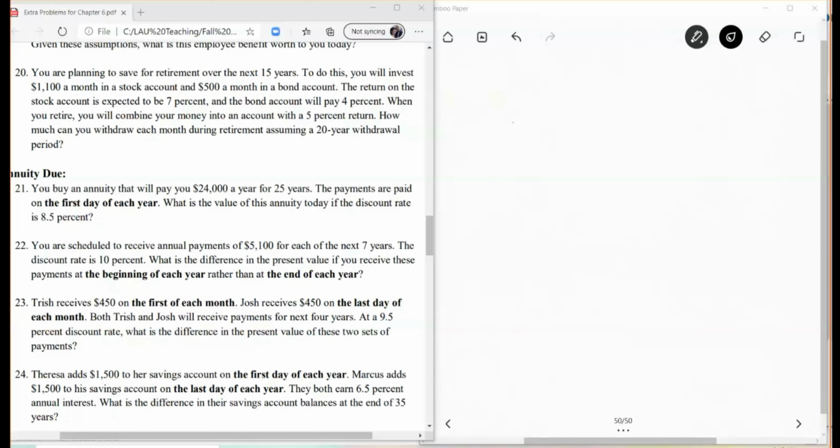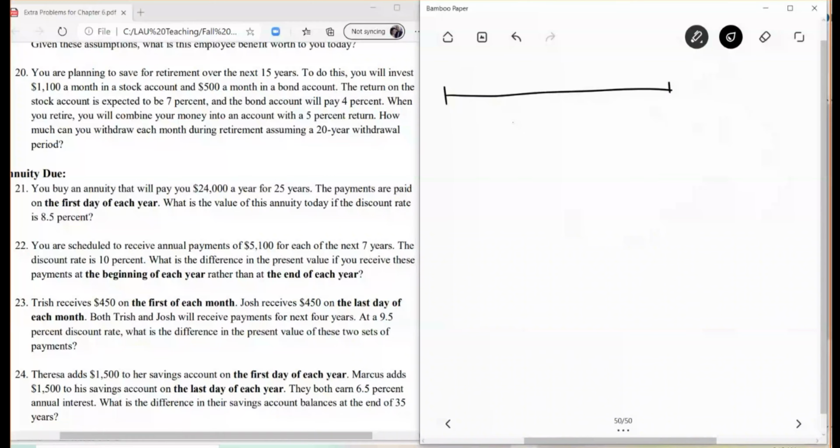So this problem can mainly be divided into two parts. The first part is the savings part, and the second part is the spending part. Over the first 15 years, we are investing our money in two separate accounts.